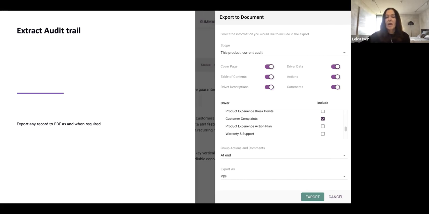The example that I've worked through in the Skyjed design workspace makes it really simple for us to, at one click, export any of those records around our target market determination or the monitoring of our product. I can export those into a PDF, and we're finding that really useful internally.